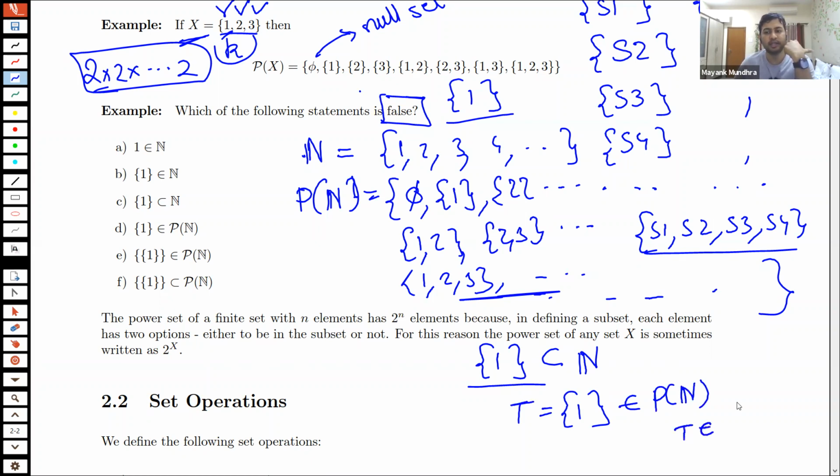And let me call this set as B. So t is an element of B.